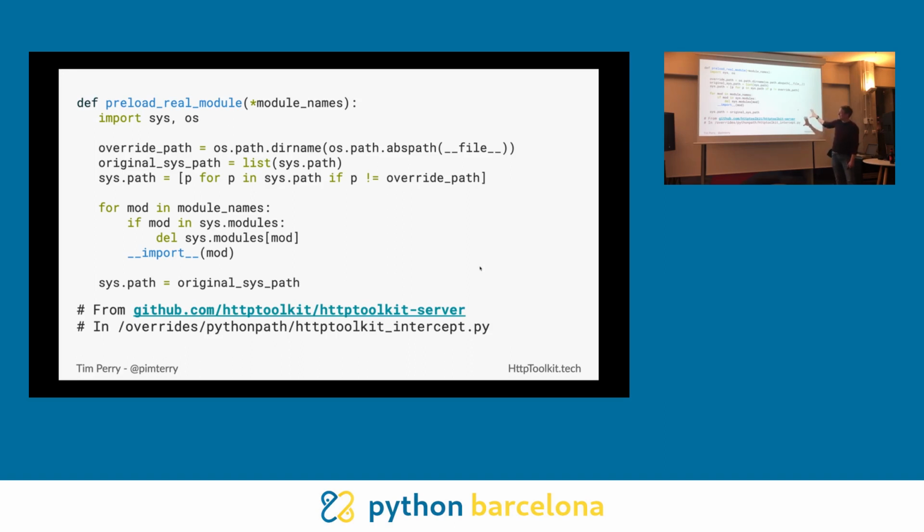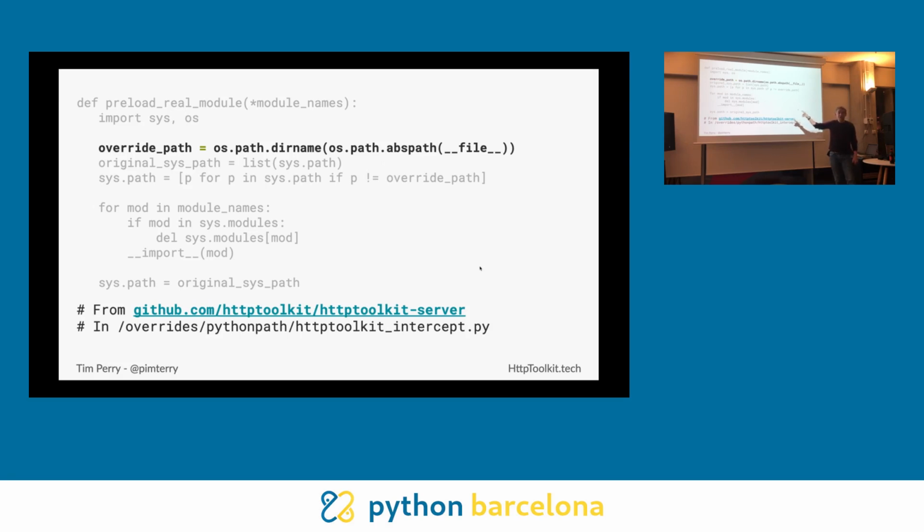So what we actually do in here, all this code is open source, by the way. If you want to go and have a look through it, github.com/httptoolkit has everything, and within the server there's all these override bits and pieces. What is this doing? So firstly, we work out where our overrides are stored.